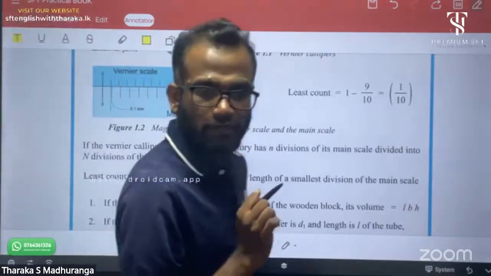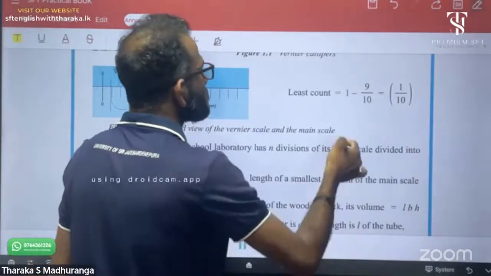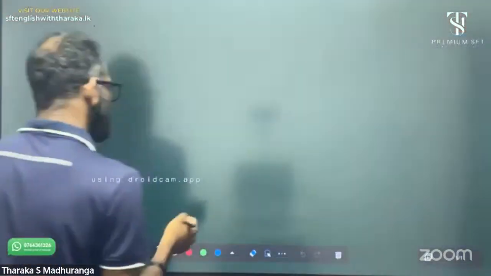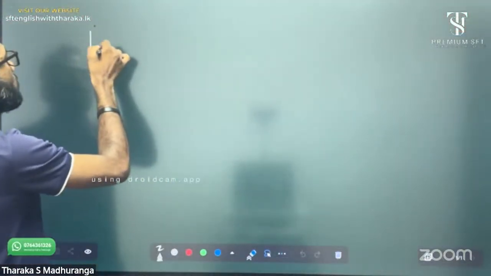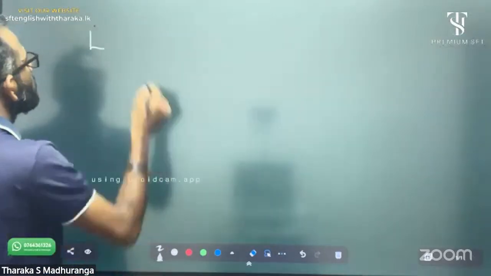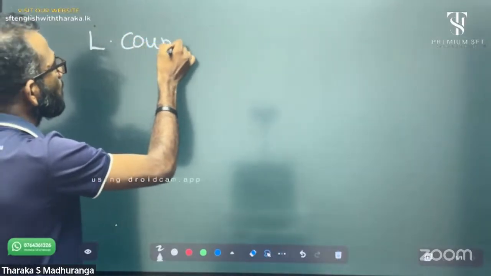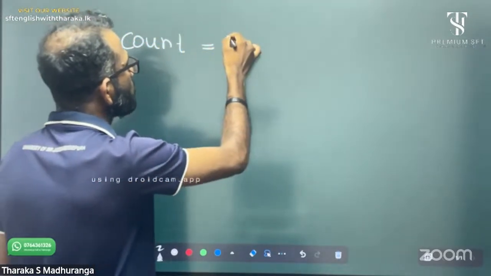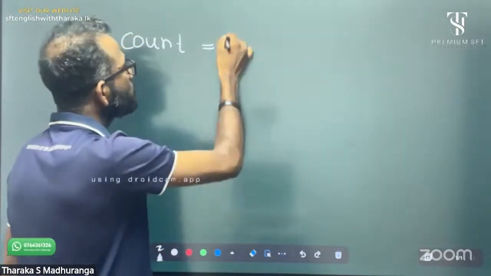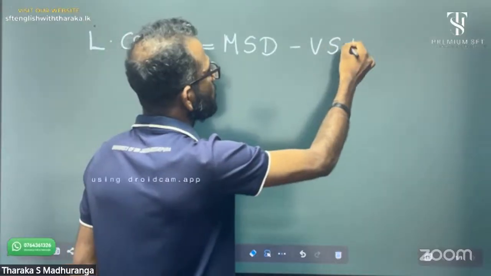Do you remember the equation for the least count of the vernier caliper? The least count equals MSD minus VSD.